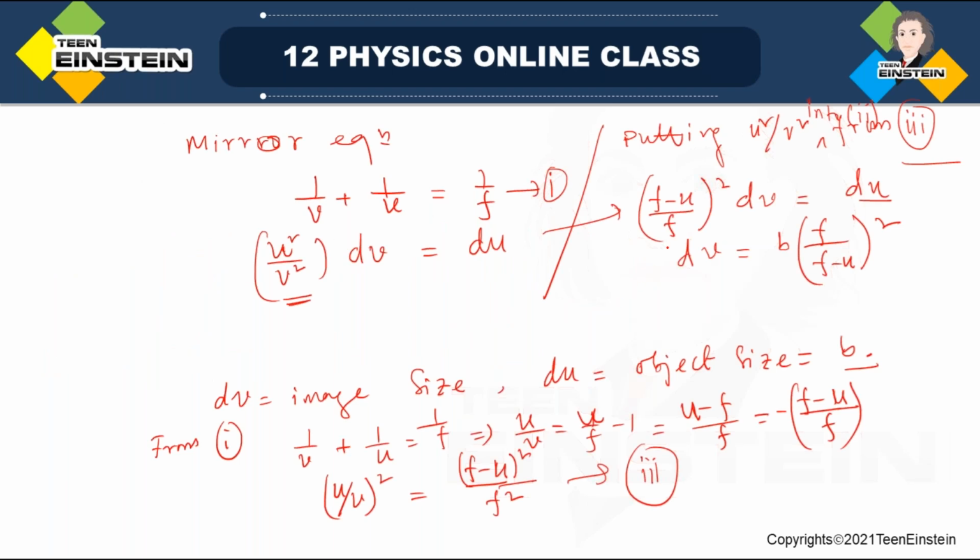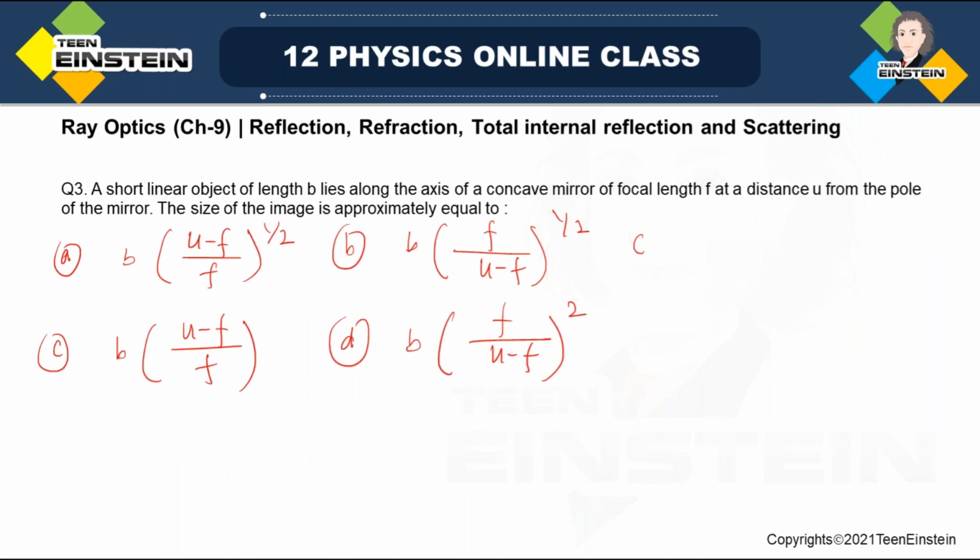So b into f by f minus u whole square, or since it is inside the square, u minus f also fine, because if I take minus common and square of it, that will give you plus. So option D is the correct option here.